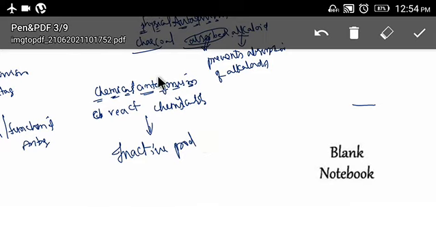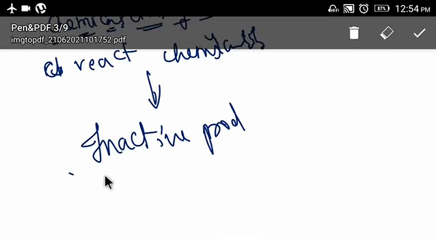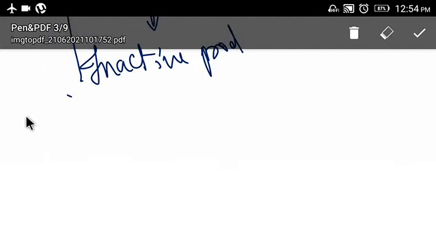So the two drugs combine with each other chemically, and that results in the formation of a chemical product which is inactive. If we take examples, they include tannins plus alkaloids.